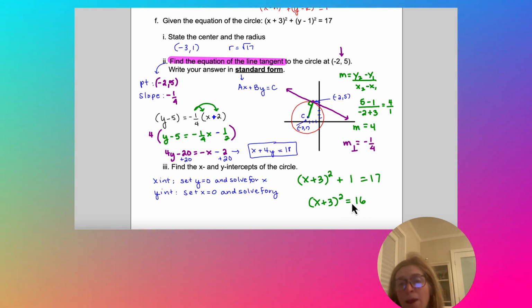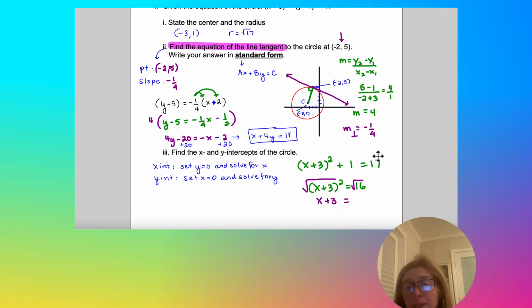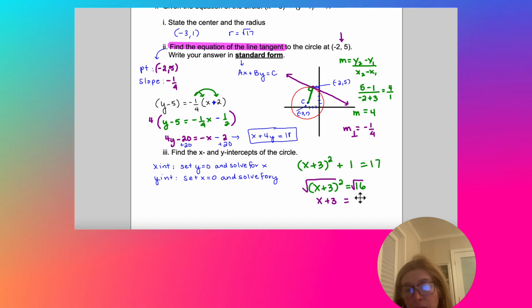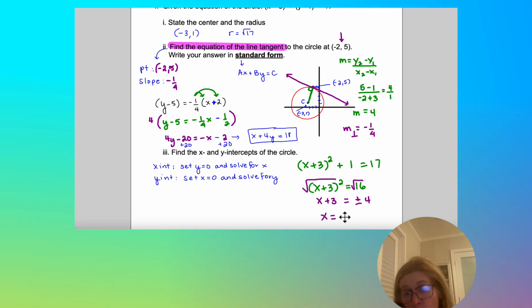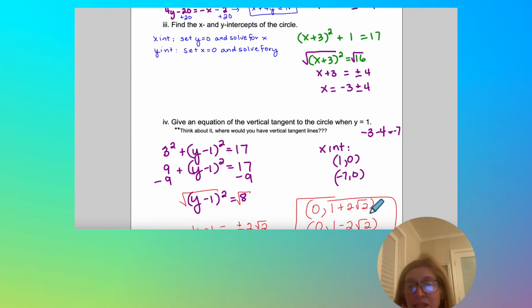Remember, when you have a square equaling a number, you can take the square root of both sides, so that would be a little bit easier. But what you don't want to forget is that when you take the square root of both sides, you have to consider the plus and minus 16. So that would be plus or minus 4. And so subtract 3, always putting it in front of the plus minus, just so that it's easier.